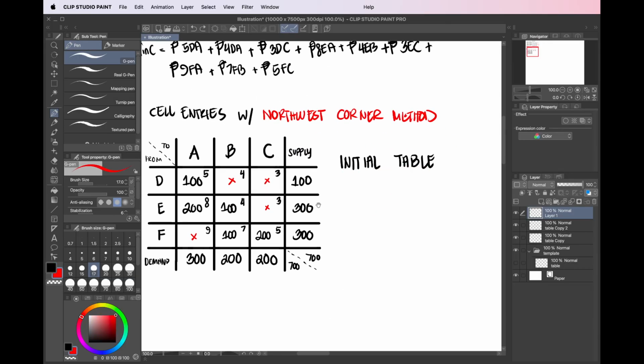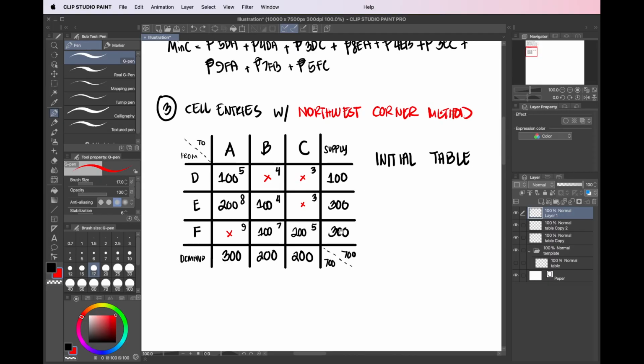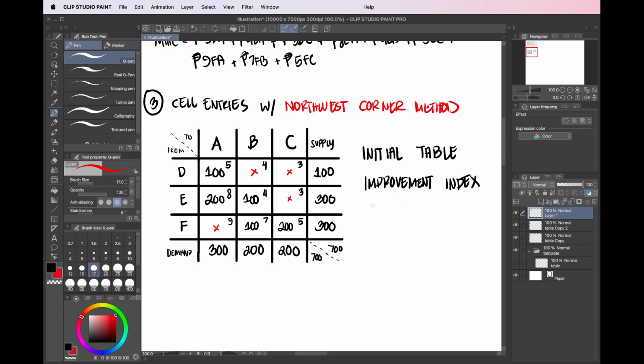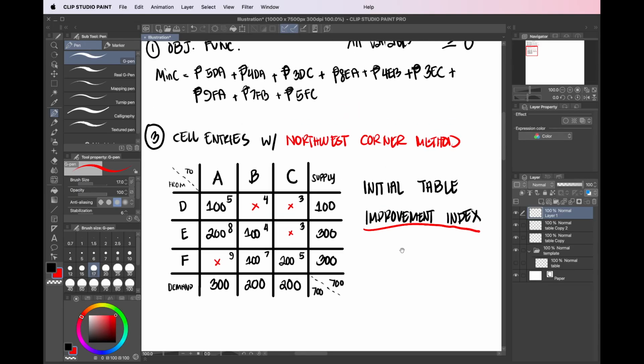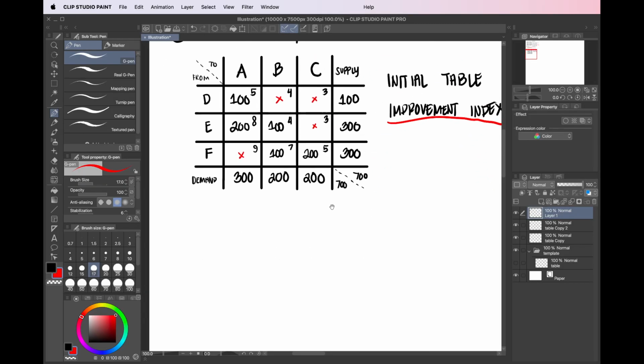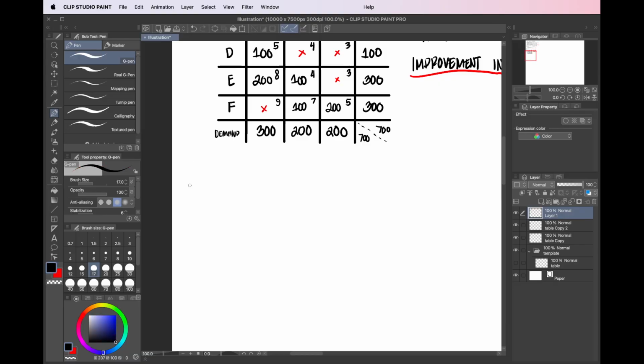After you've created your initial table, we can now move on to calculating the improvement index. Throughout the creation of our tables, we will be constantly calculating the improvement index, as this will determine whether or not the problem is already minimized, or if we would still be creating more tables.